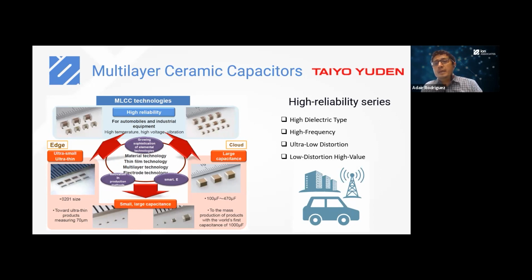And of course, the type can vary between X7R, X5R, NPO, depending on the value and the application. The values are available from picofarads up to microfarads. We can help you with the selection of all of these parts.